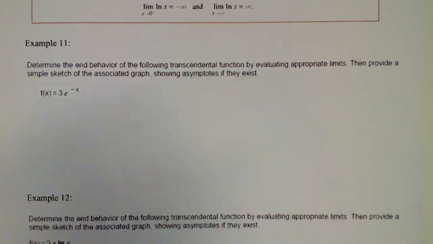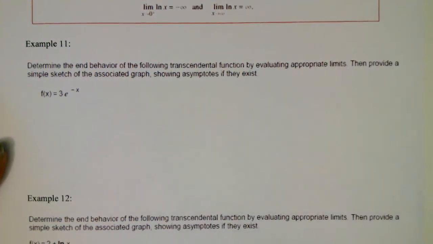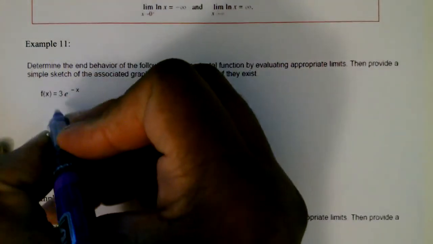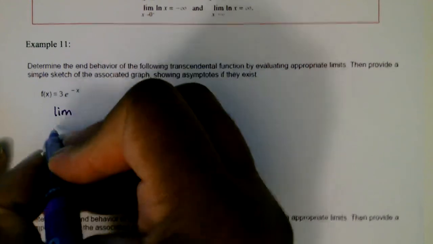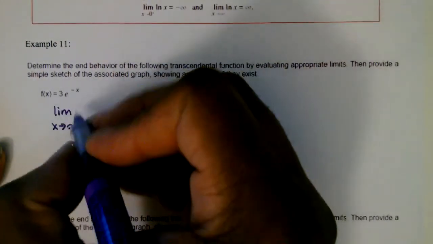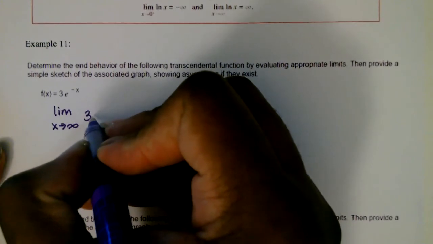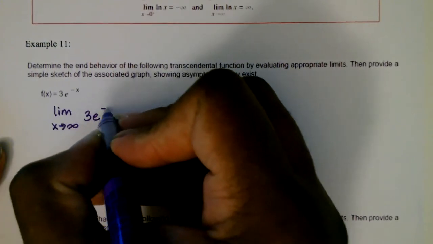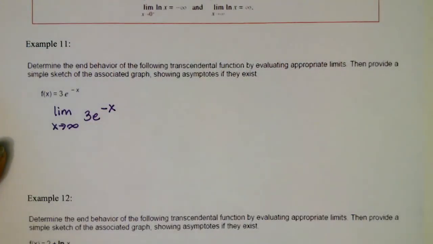In this case here, we've got f of x is equal to 3 times e to the negative x. So to determine the end behavior, we have to find the limit as x approaches infinity of 3e to the negative x.